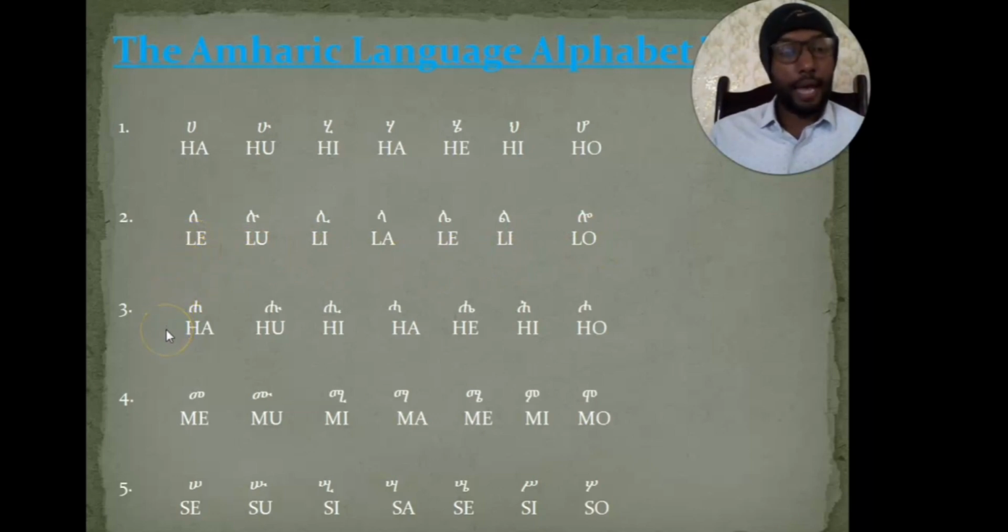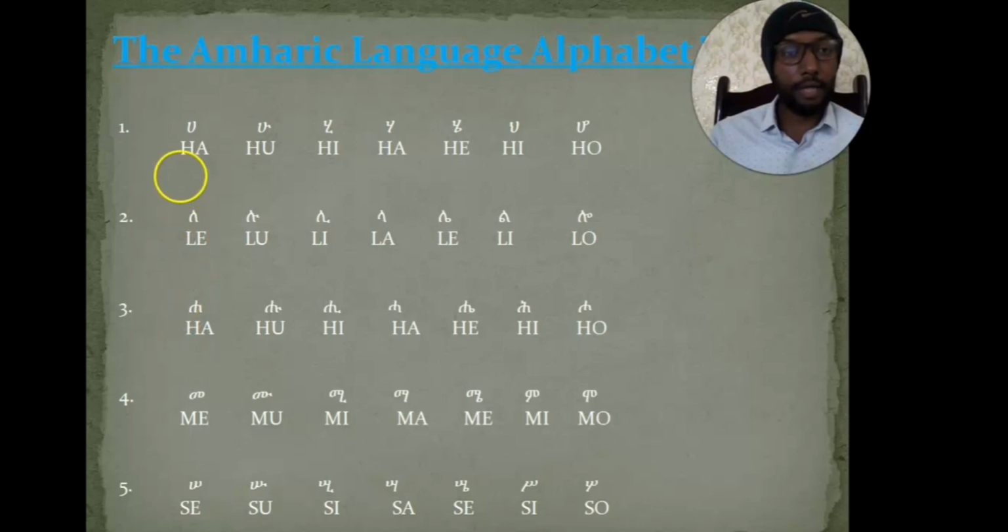The third Amharic alphabet is called Ha. What did you notice? We have said that the first Amharic alphabet is called Ha. The third one is also called Ha, okay? So number 1 and number 3 are similar, which means when you write a word or a sentence in Amharic, you can use them interchangeably, since their names are similar.